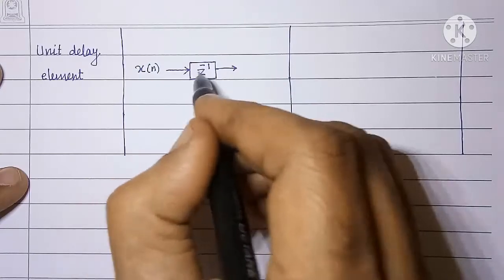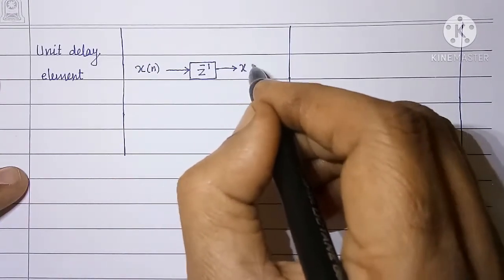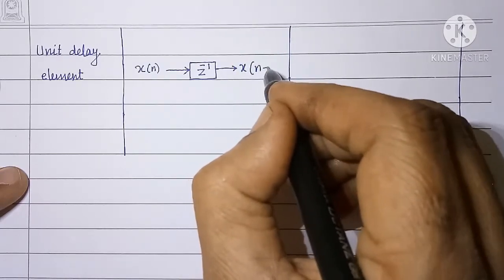If input is x of n to this delay element box, then we get at the output x of n minus 1.